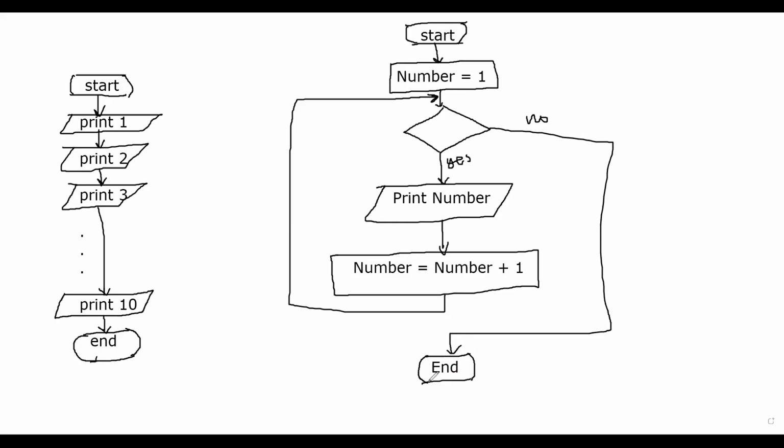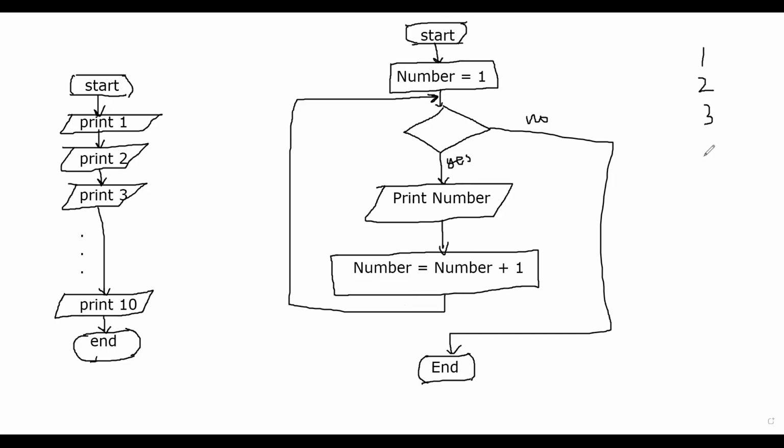Now see what will happen. You start, you take a variable that is 1. Let's say the condition is true. Then let's say you are printing number. So you print 1. Then number is 1, 1 plus 1. Now the new number is 2. So you go to the top. Now you print 2. 2 plus 1, print 3.